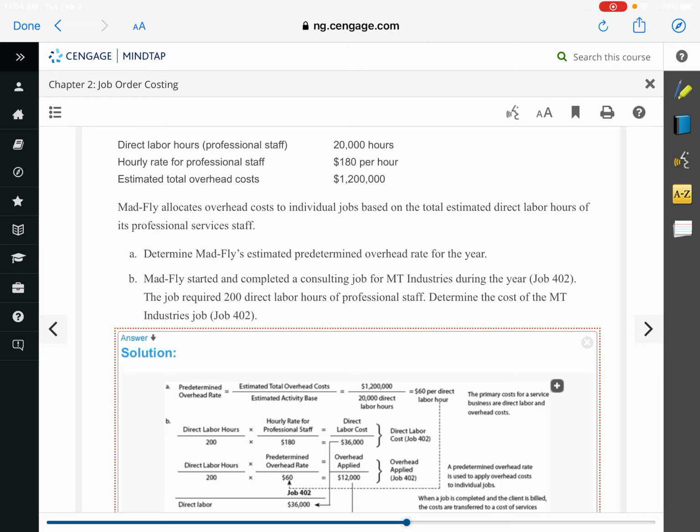So they have to say, well, how are they allocating their overhead? They do it based off direct labor hours. So we know that 20,000 hours is the projected number. So you take the 1.2 million in total overhead cost, divide it by 20,000 direct labor hours, and what we get is $60 per direct labor hour that we're going to charge to overhead. Okay?